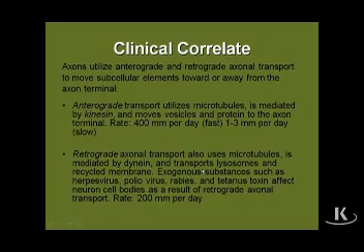As we said, axons utilize a bidirectional axonal transport in the form of anterograde going away from the cell body toward the axon terminal, or retrograde going from the axon terminal back toward the cell body.